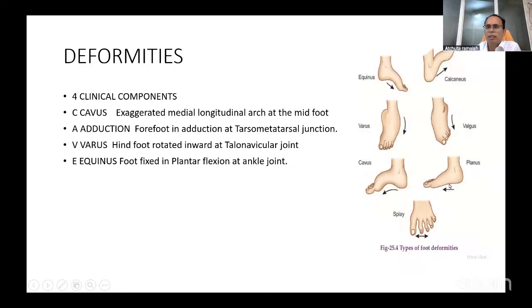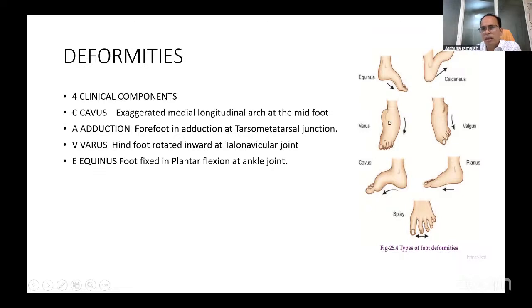Deviation from this normal anatomical position gives the other deformities. Second is the calcaneus foot, where the calcaneus is touching the ground and the forefoot and midfoot are not touching the ground, making some angulation to the ground in an upward direction.